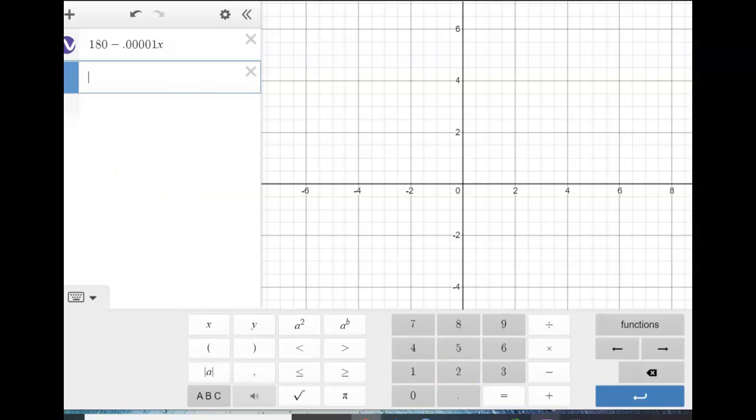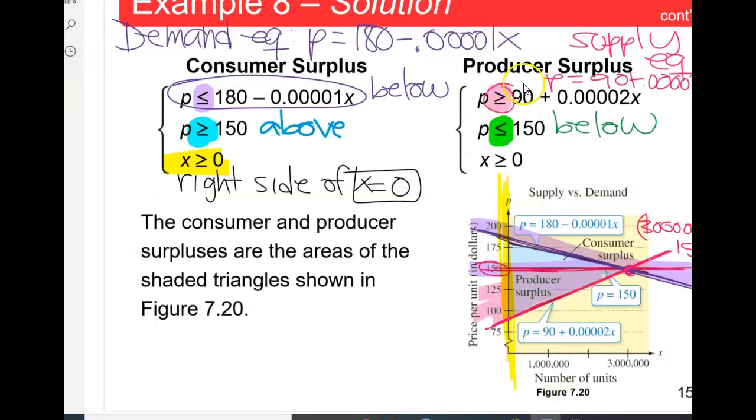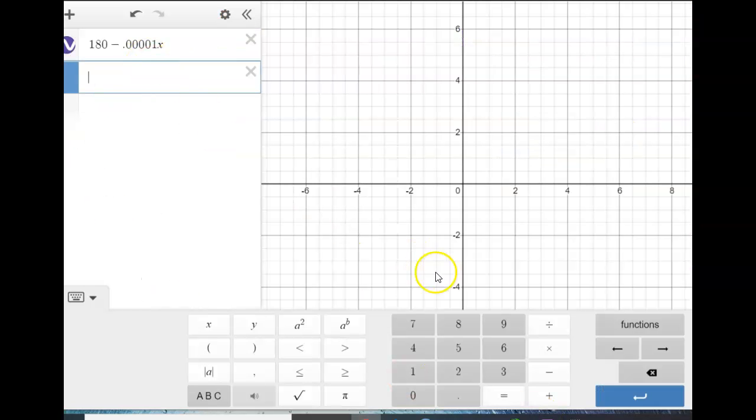Now let's graph the other inequality, which is producer surplus. So P equals 90 plus, and I'm actually going to put a Y equals here. Here too, Y equals, and this is 90 plus 0.0002 X. Okay.